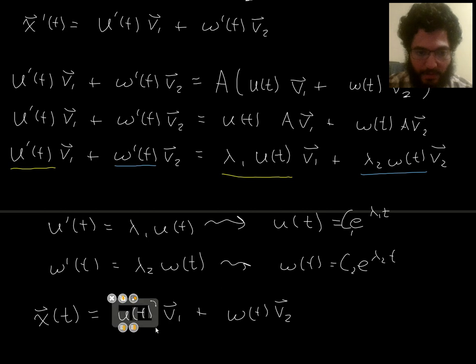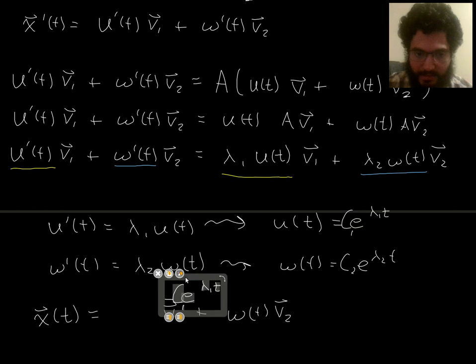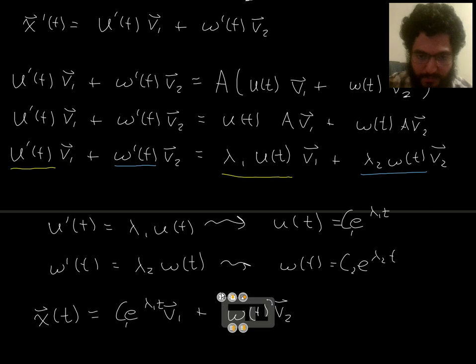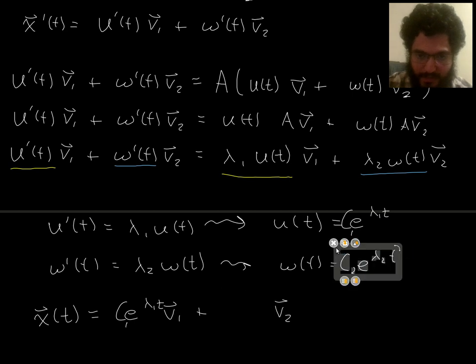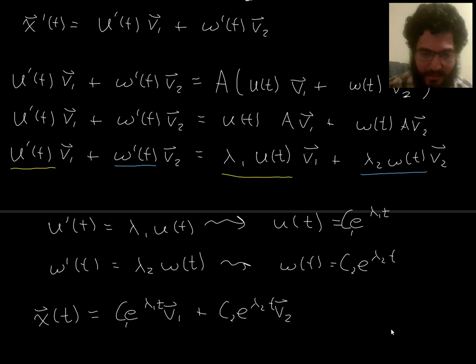So we figured out that u should be this, and we figured out that w should be this. And look at that. That's what we've been doing, right? So I haven't actually shown you anything new here. I just hope I'm giving you a different perspective on what we've been doing this whole time. This will be helpful for the next discussion.